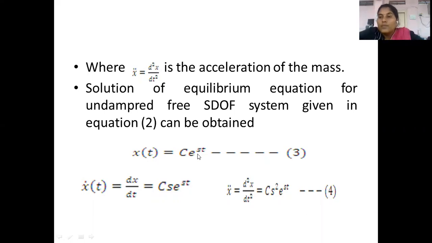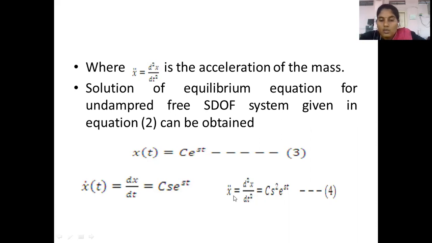But we want the second derivative also, that is x double dot, d2x by dt square. So how do we calculate the second derivative of c into e raised to st? C is the constant term, e raised to st is the second term. First derivative we have already taken; from the first derivative we calculate the second derivative.